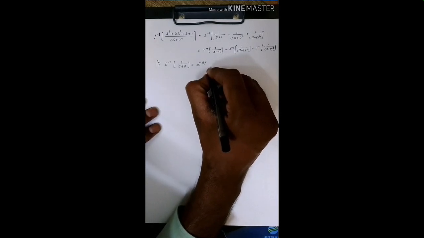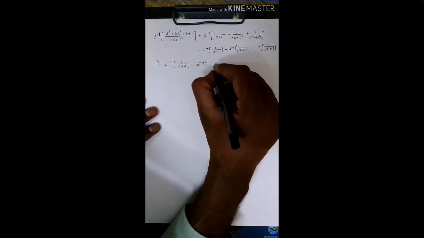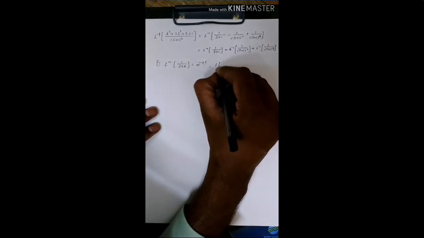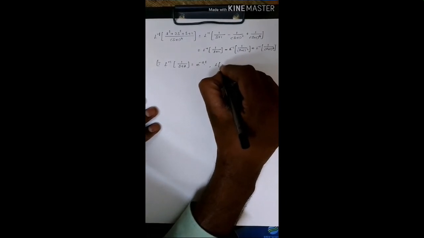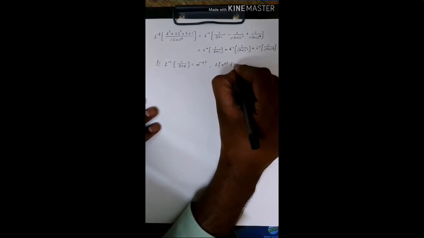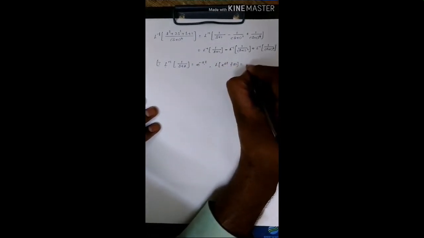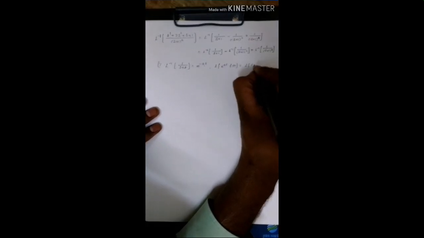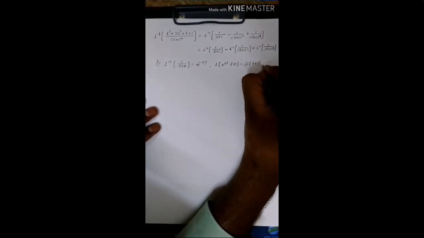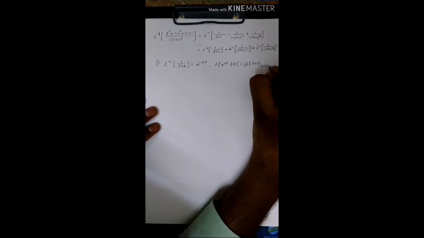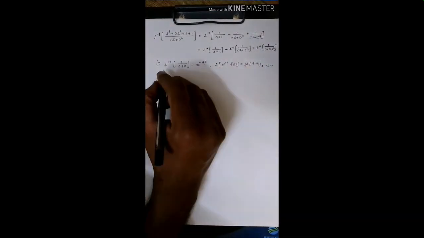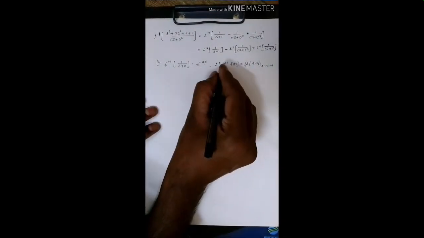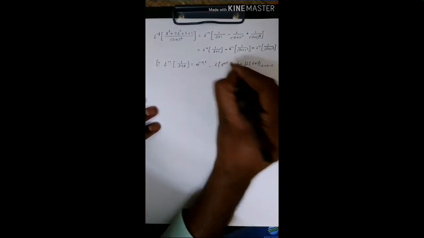And one more formula, the first shifting theorem: Laplace transform of e power at into f of t is equal to Laplace transform of f of t, where you have to replace s as s minus a. Like that, for e power minus at, here you have to take s plus a.